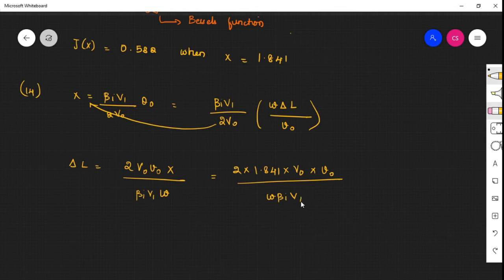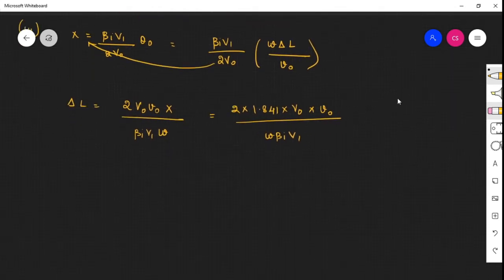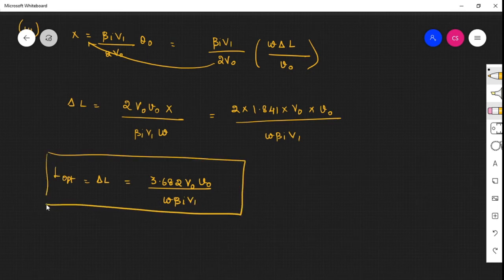Therefore, from this simplification, we find out the optimum length of the drift space. So L optimum, that is del L, is given by 2 into 1.841 which is 3.682 V0 into V0 divided by omega beta I V1. So this is the optimum length of the drift space that we have to decide.